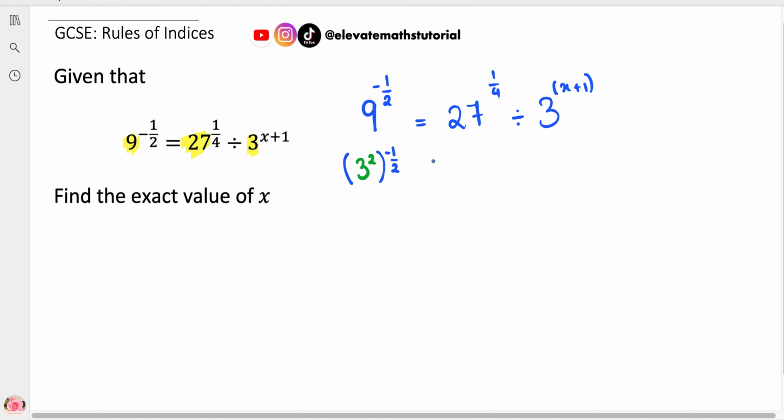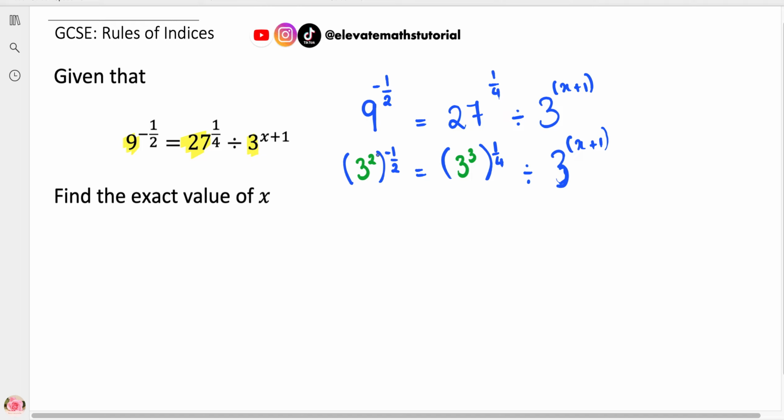And then equals 27, which can be written as 3 cubed, and then to the power of a quarter. And division, we can really leave it like that, but you can put it as the denominator of a fraction as well, but we'll leave it like this for now.